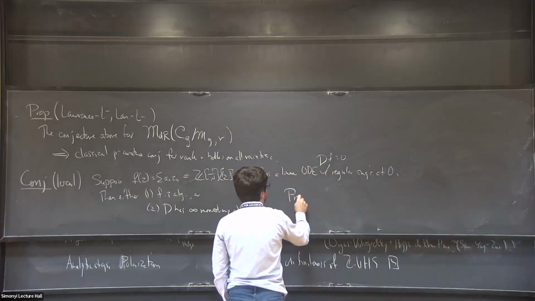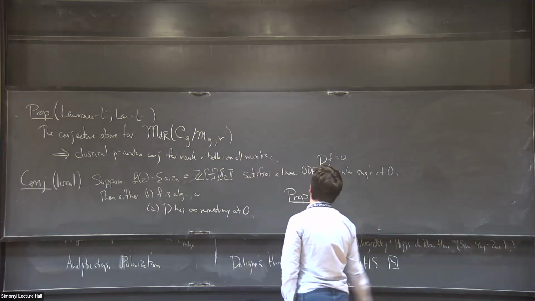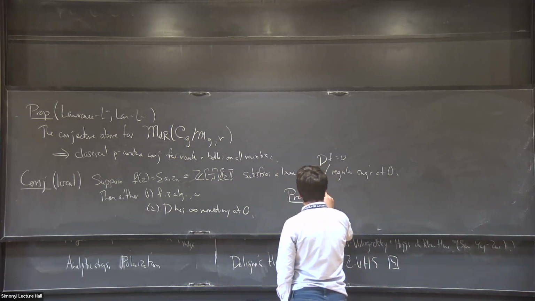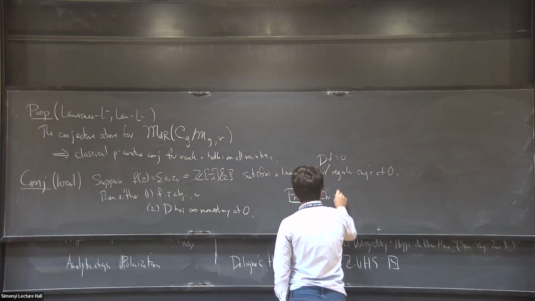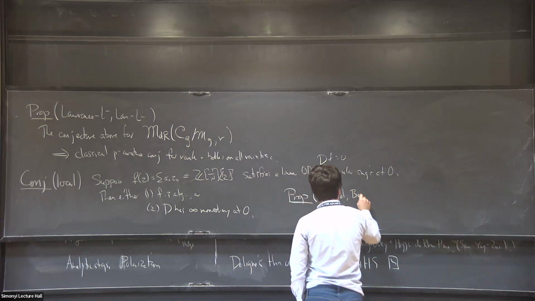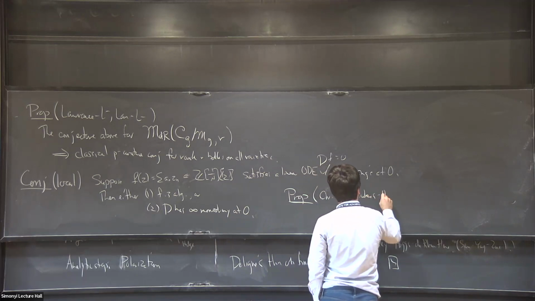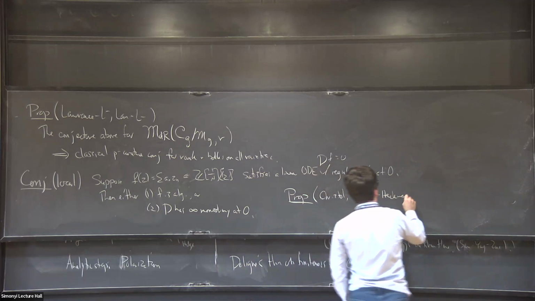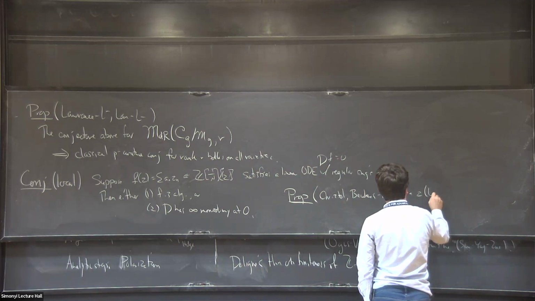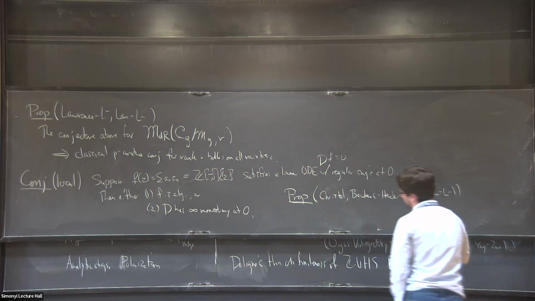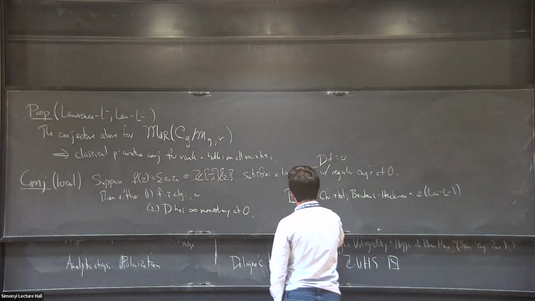So let me state the proposition, and this comes from combining work of Christol and Beukers-Heckman, and then epsilon times Josh and myself, which is that this conjecture is true for hypergeometric functions.